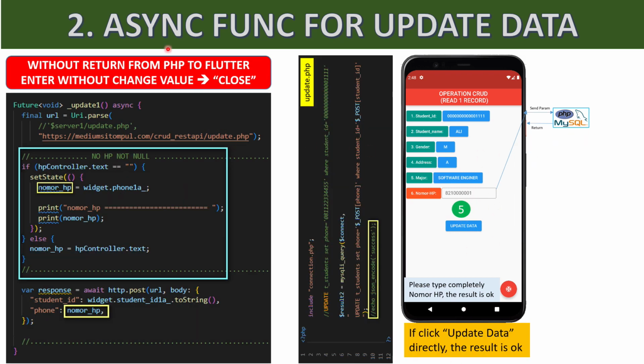And then this is asynchronous function number 2. If we click without changing this data, the data will be the previous value, but this screen stays the same as the current screen, with no change, but there is no information here.